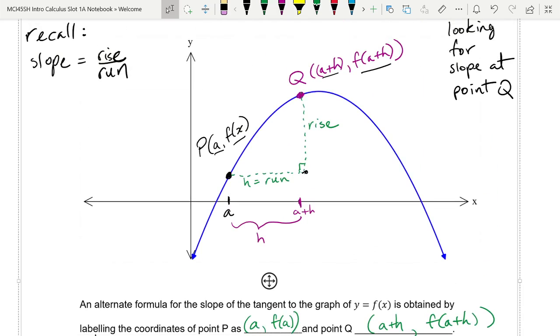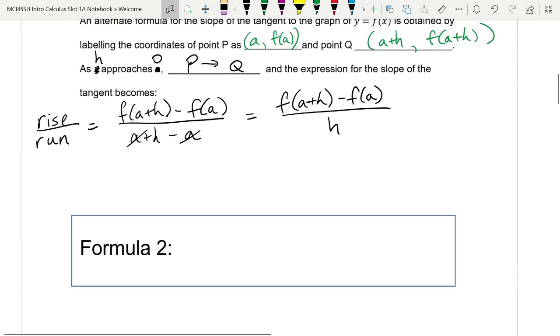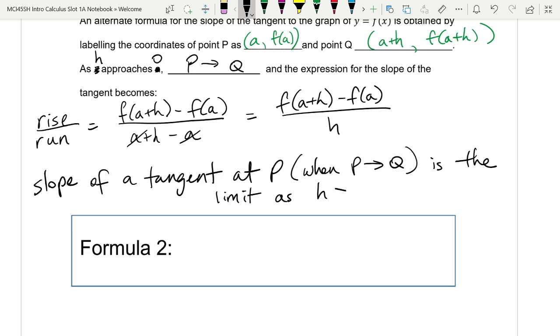But what do I want to do with the green triangle? Well, I want to make it infinitely small, right? I want to get points P and Q as close together as possible so that P basically becomes Q, and then I know the slope right at point Q. So what I'm going to do with that is get the slope of a tangent at P when P approaches Q is the limit as h approaches 0.